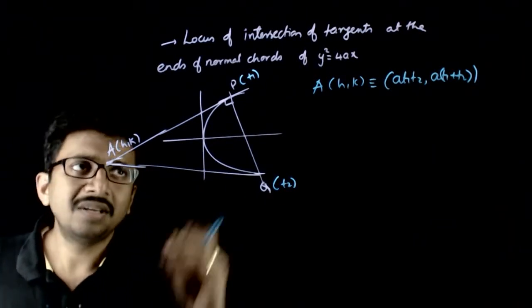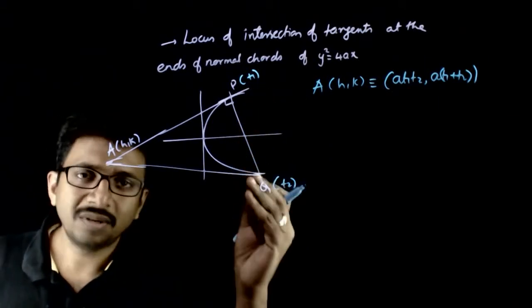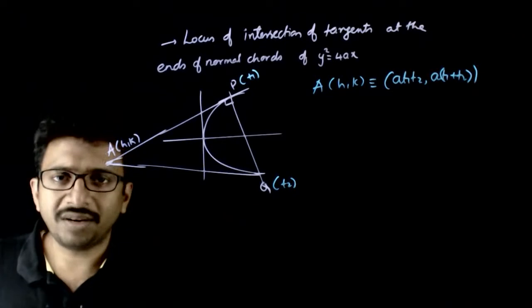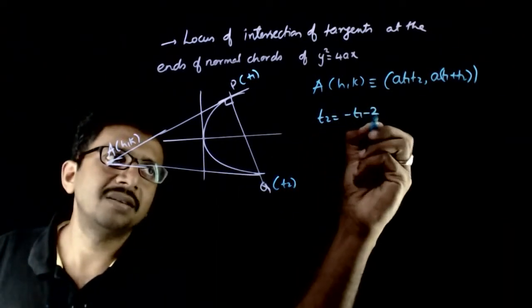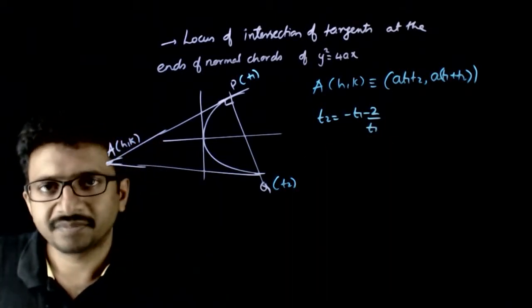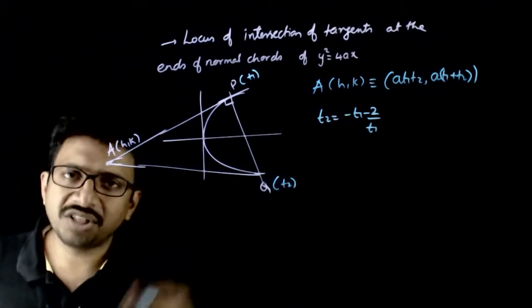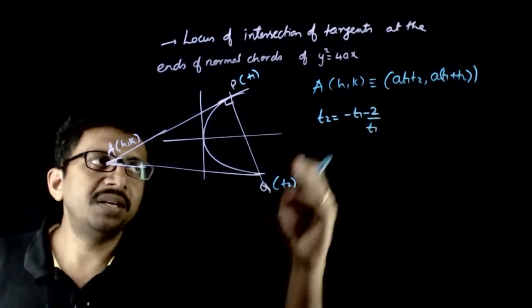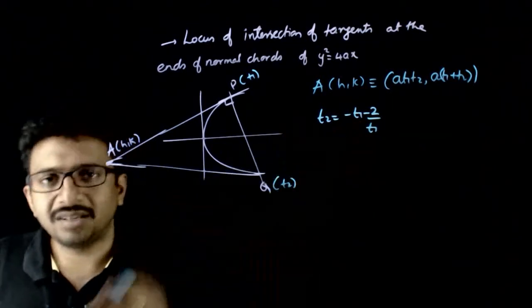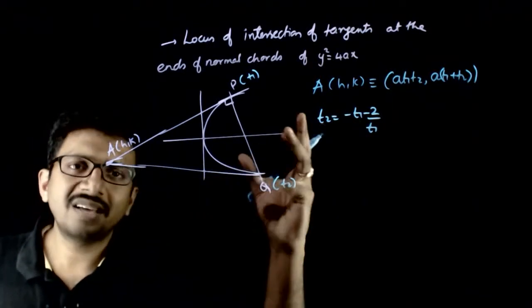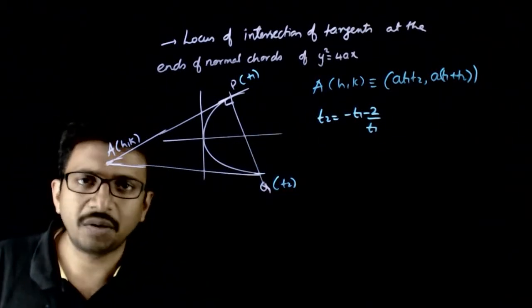If a normal at T1 cuts the parabola again at a point where the parameter is T2, then T2 should be equal to minus T1 minus 2 by T1. So these are the three conditions that you have: H is equal to A T1 T2, K is equal to A times (T1 plus T2), and T2 is equal to minus T1 minus 2 by T1. From these three equations, if you eliminate T1 and T2, you get the required locus.